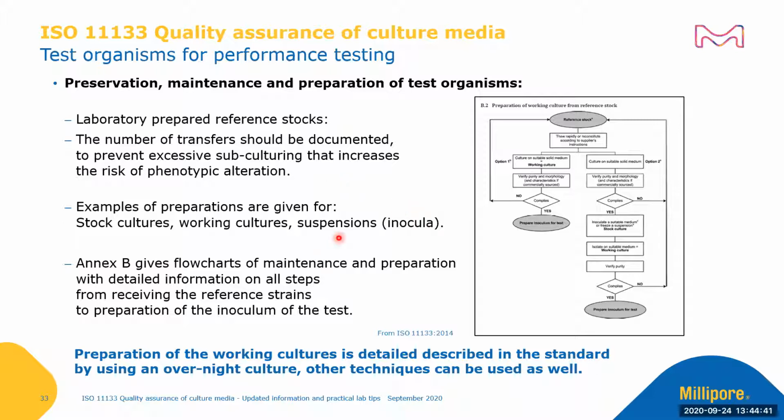Examples for the preparations are given in detail for stock cultures, working cultures, suspensions, in a detailed written description, but also in a kind of flow charts. Preparation of the working cultures is detailed described in the standard by using an overnight culture. Other techniques can also be used.